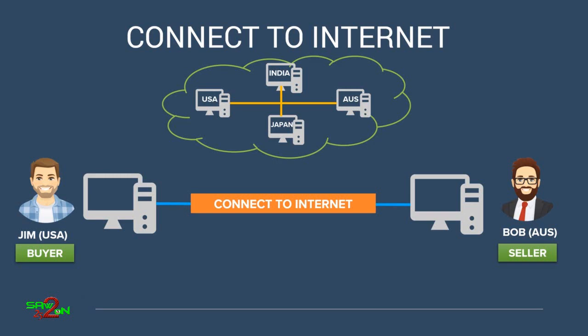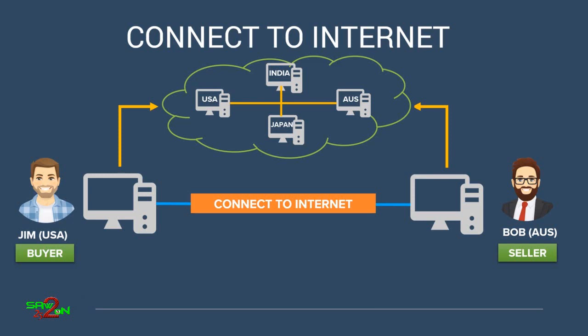So with the help of the internet, if Jim's computer can connect to the internet and Bob's computer can connect to the internet, then they are all connected via a single wire, and now they can find themselves, because internet is a network where all the computers can be reachable and can be found, right? They can be found, they can be connected, and you can send information between the two systems via the same protocol, that is TCP/IP protocol. Okay, so that's how the internet can solve the problem of distance.